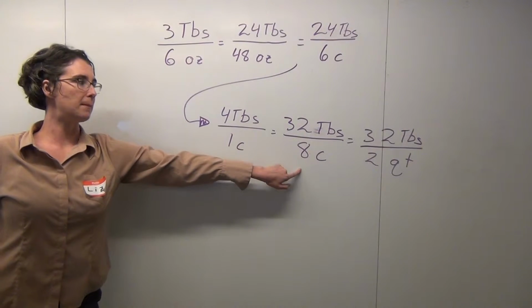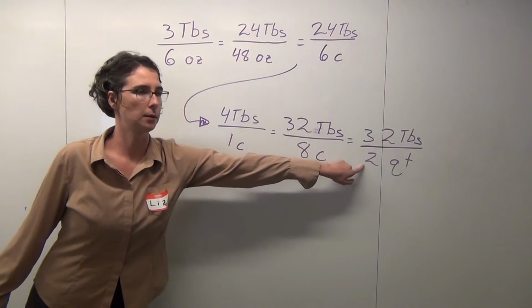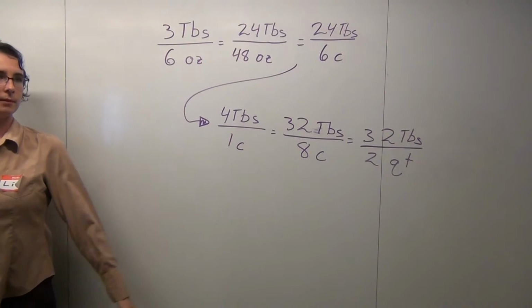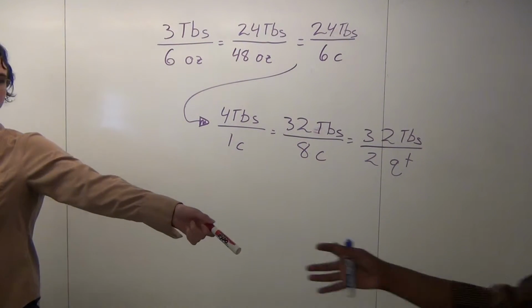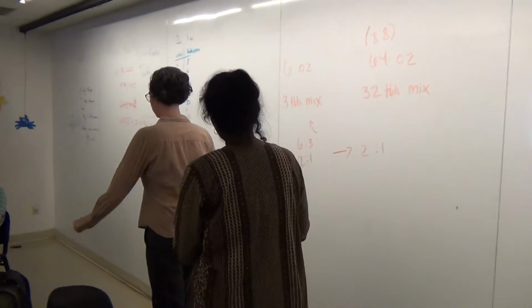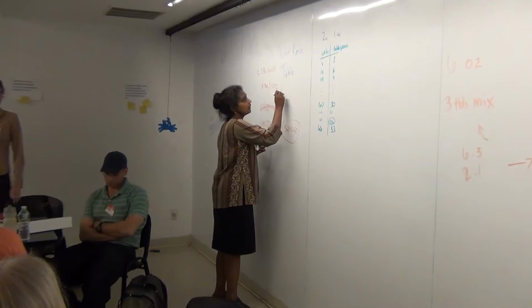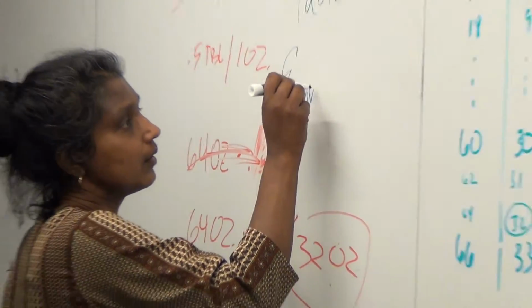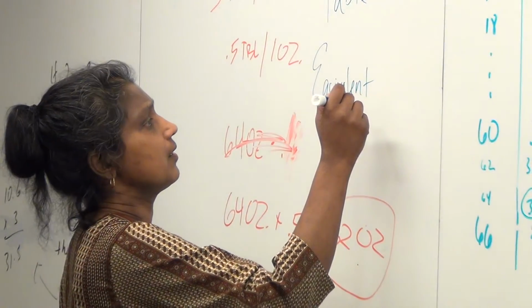So I turned it into 8 cups, 32 tablespoons, and I just showed that was 2 quarts. Okay. Thank you. Okay. So I'm just going to add here again the equivalent fractions.